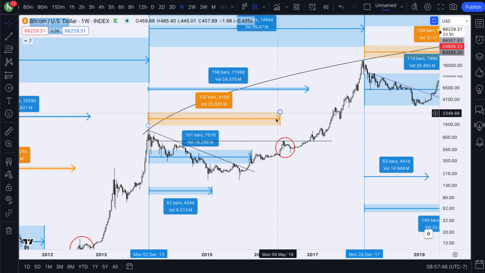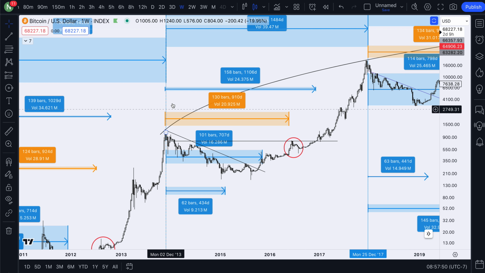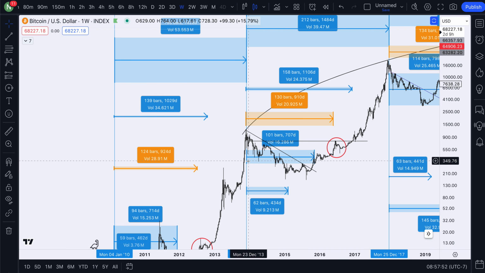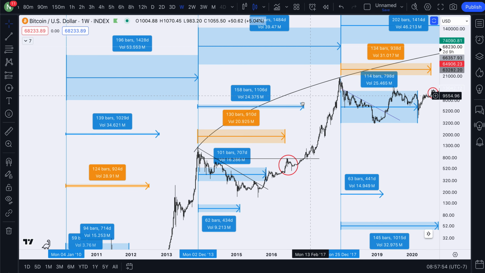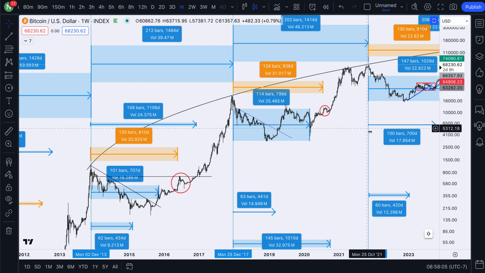Moving on to the 900-day cycle. And by the way, all of these from peak to peak after the first cycle, those 1400-day cycles, just to show you the next peak. So from this peak right here, after 1400 days, to the next one is going to be the top of the next cycle, and then we have our bear market.